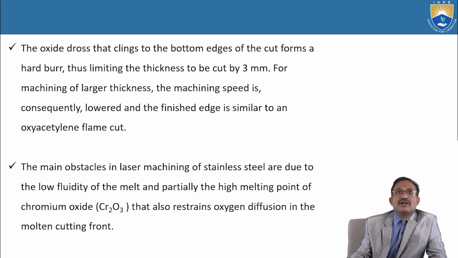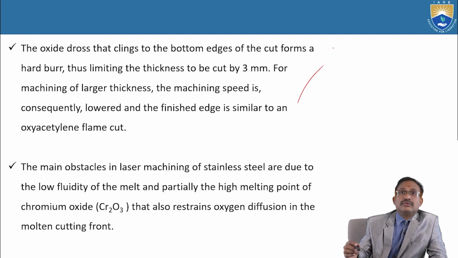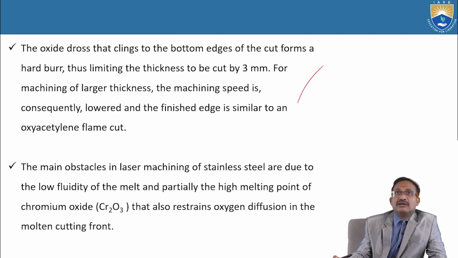For machining of larger thickness, the machining speed is consequently lowered and the finished edge is similar to an oxyacetylene flame cut. Okay, so this whole information will be used for better cutting edges, maybe at the bottom or in any corner.